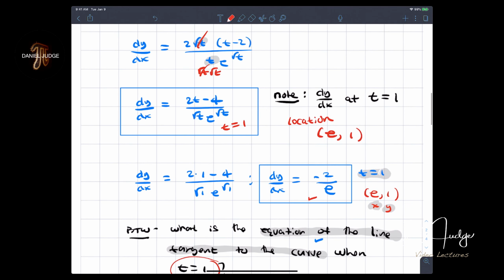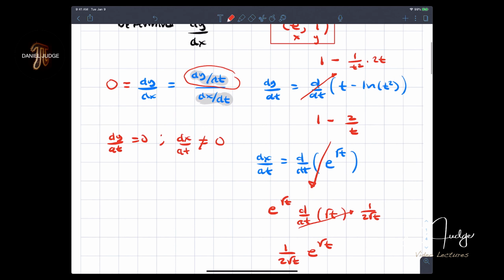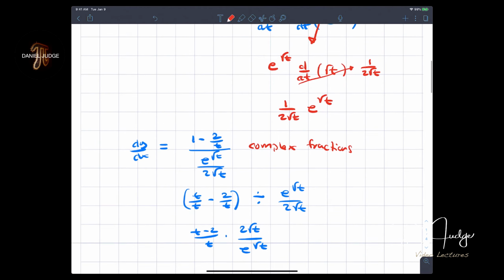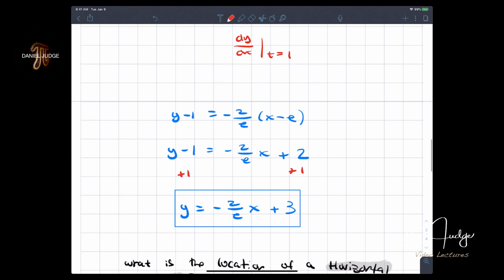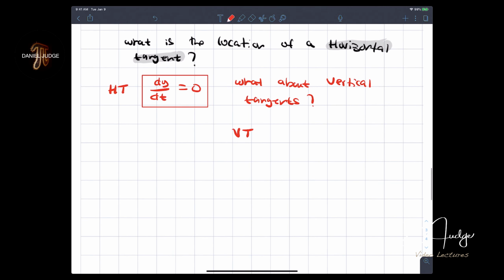The denominator will be 0, but the numerator can't be 0. We focus on the definition of our derivative. So it's the opposite: dx/dt is 0, but dy/dt can't be 0.